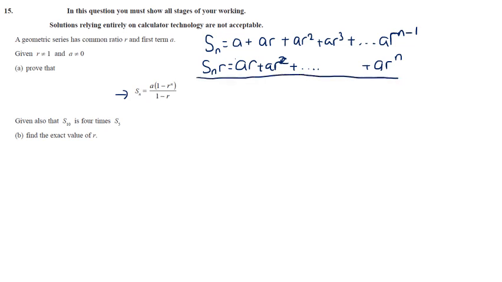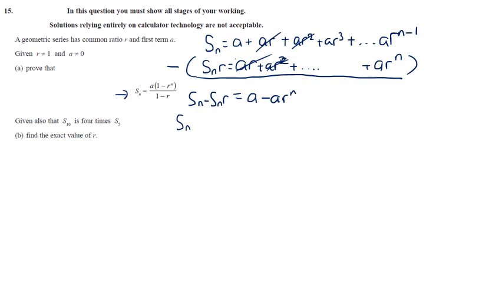So then we'll subtract the second sum from the first. So we get Sn minus Sn times r. And what happens is every term apart from the first on the top cancels out, and the last one on the bottom doesn't cancel either, so we get minus ar to the n.